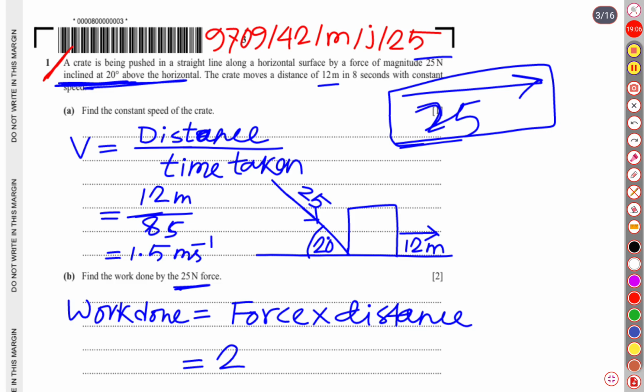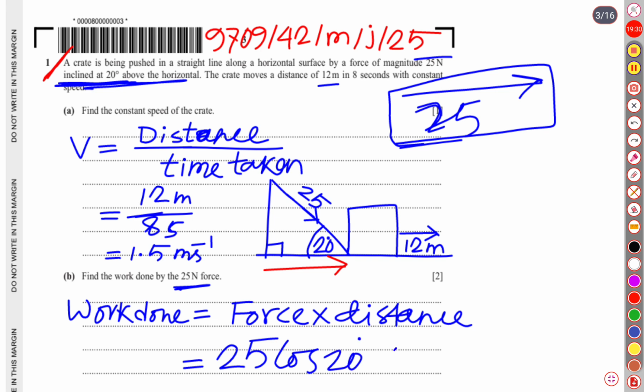So for horizontal, if we calculate horizontally, this one is 25 cos 20 degree.